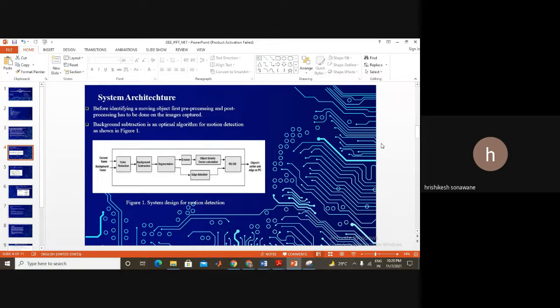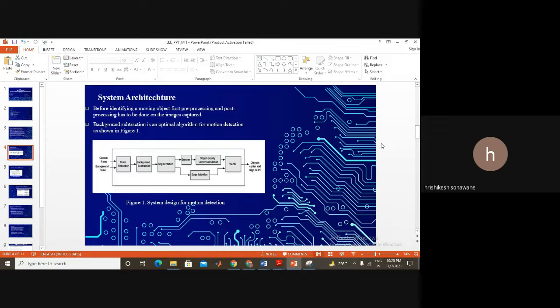The fourth block is the erosion. It uses a 3 by 3 structuring element, and a logic operation between the pixels of the grayscale image and the structuring element is performed.